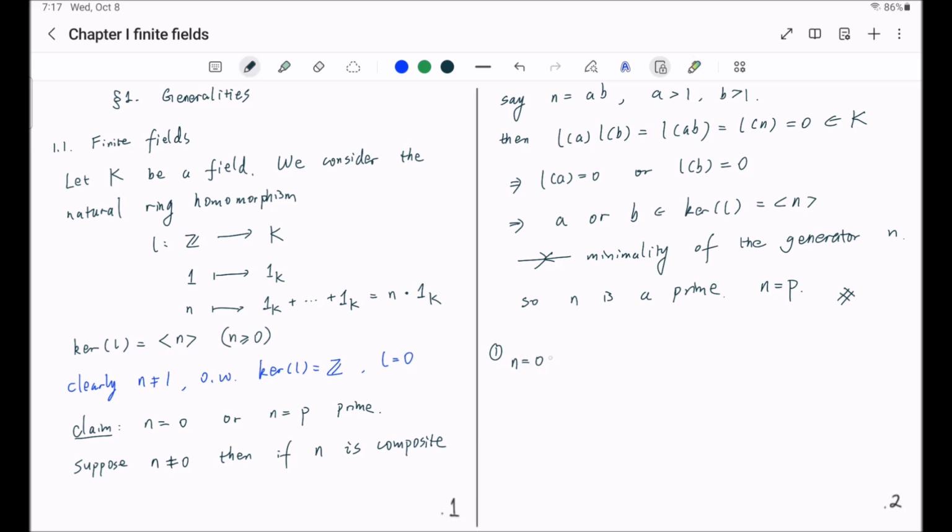And in this case, iota of Z is just isomorphic to Z. And if you look at the field of fractions of iota of Z, it is the field of rational numbers. And in this case, we say that K is of characteristic 0.